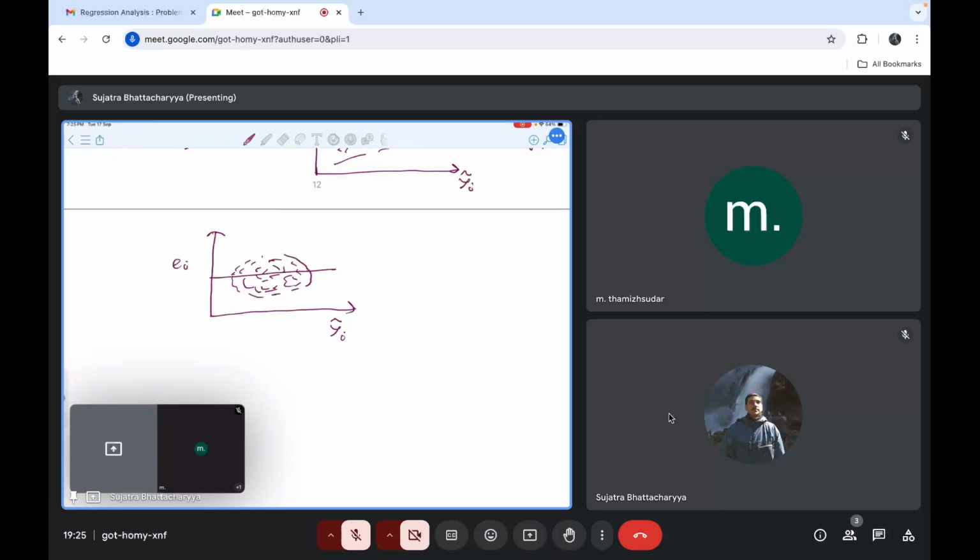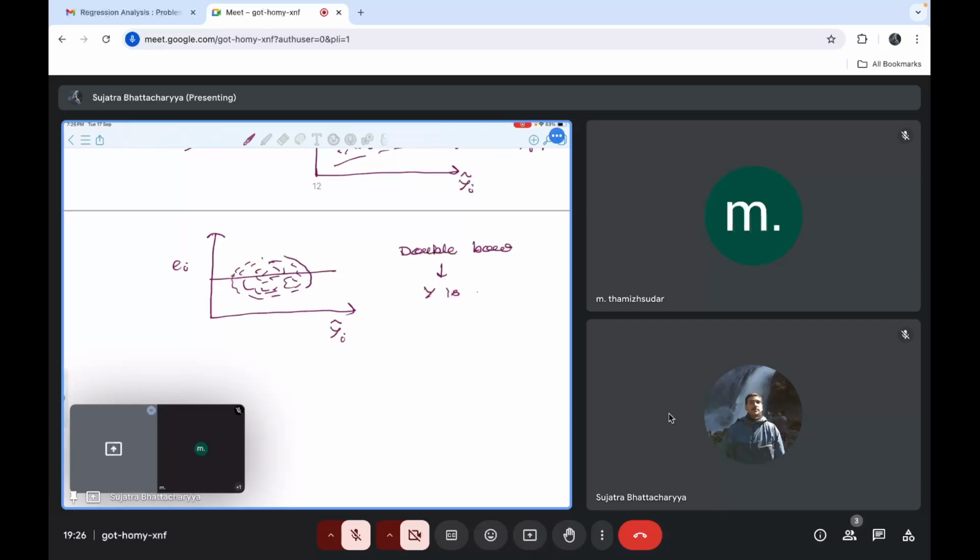Okay, so in this case, the double bow pattern occurs when y is a proportion between 0 and 1. Again, here the variance of epsilon i is not equal to sigma square.